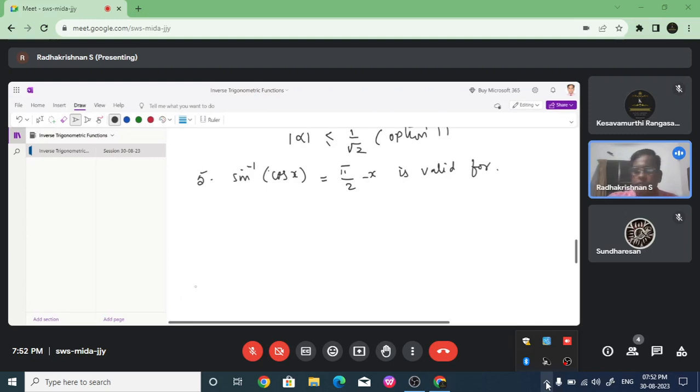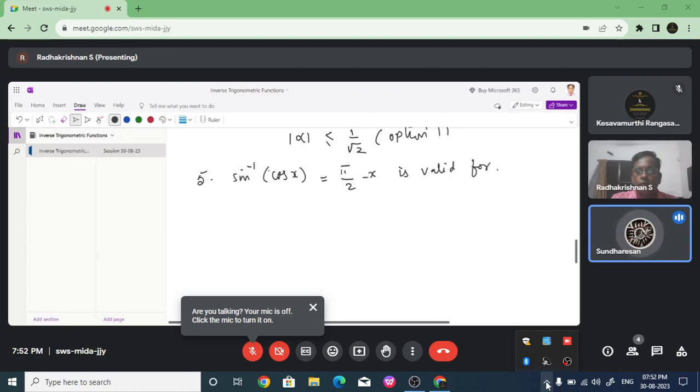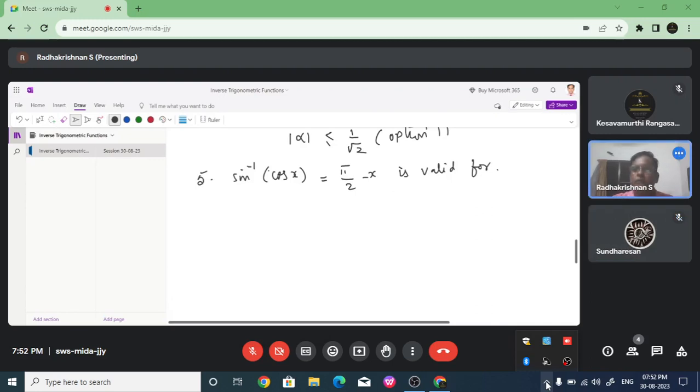So think about it. What are the options given? Minus pi by 2 less than or equal to pi by 2 minus x less than or equal to pi by 2. Option number 3 is what you're getting.